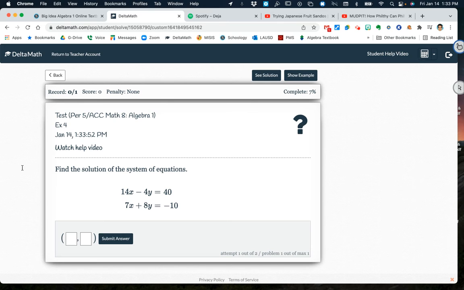So example 4, okay. Example 1 or level 1 was where you had to multiply by a negative or just leave them as they were because they were already opposites. Here, we want to get either x's to eliminate or y's to eliminate. What's easier to get rid of, x or y?